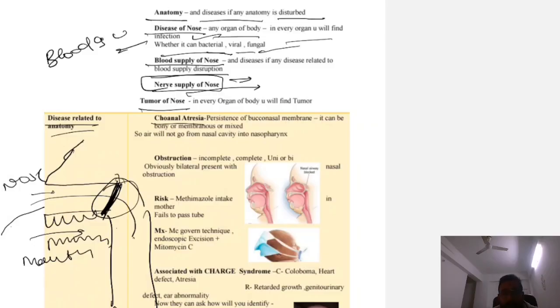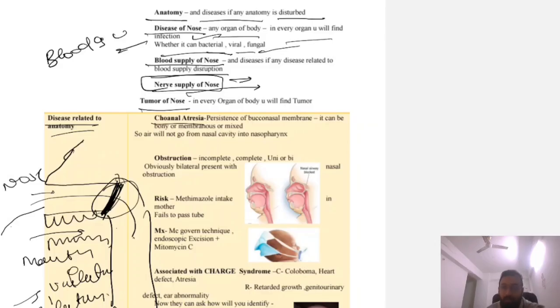But in some cases of conal atresia it persists. So it could be unilateral persisting or bilateral persisting, because nostrils are two. Unilateral means persistence of only one buccal membrane, or there could be chances that both side buccal membranes persist.